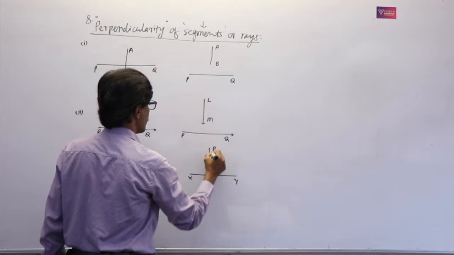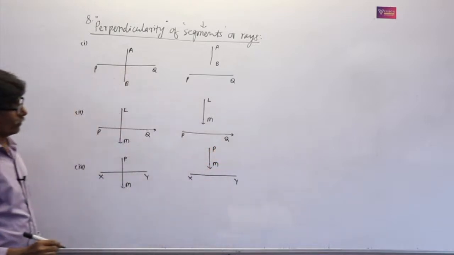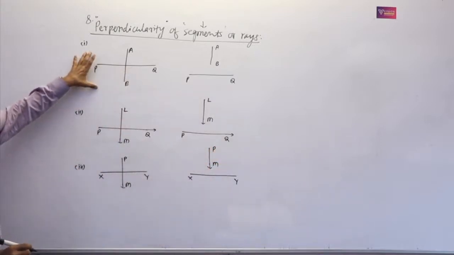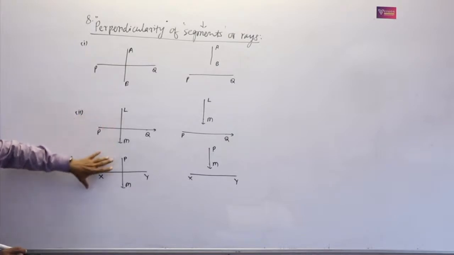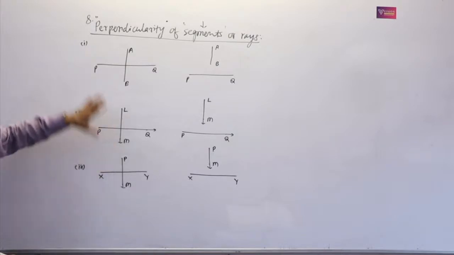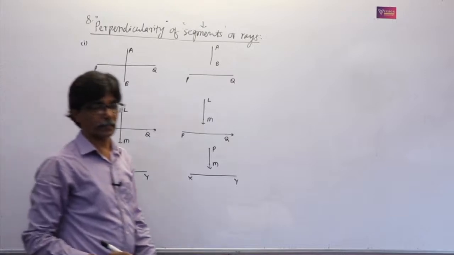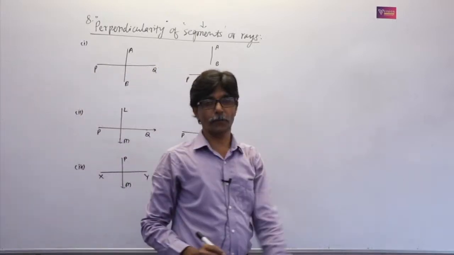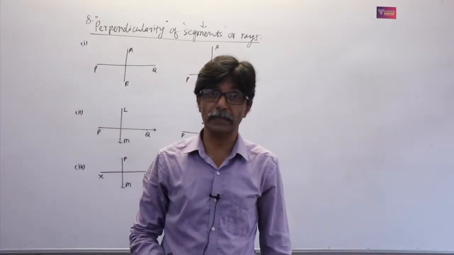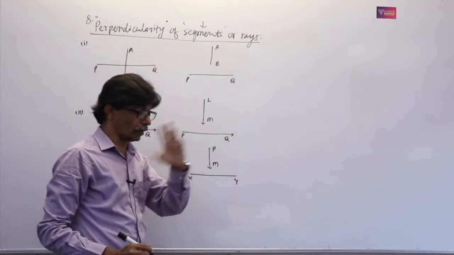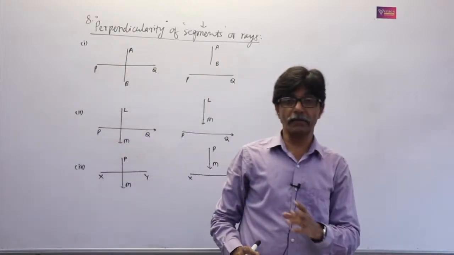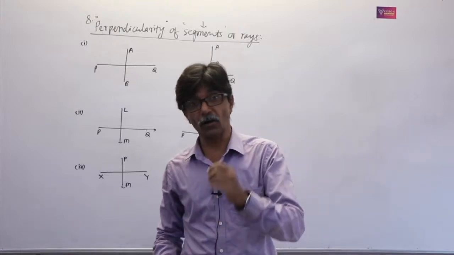This is PM. So now look, two segments, two rays, a segment and a ray. When are these said to be perpendicular to each other? Apply this definition of perpendicular lines, and recall your previous knowledge that every segment and every ray is a subset of a line.